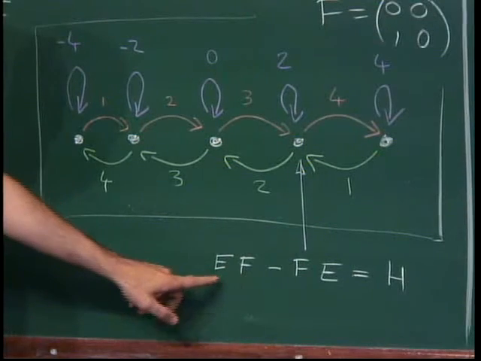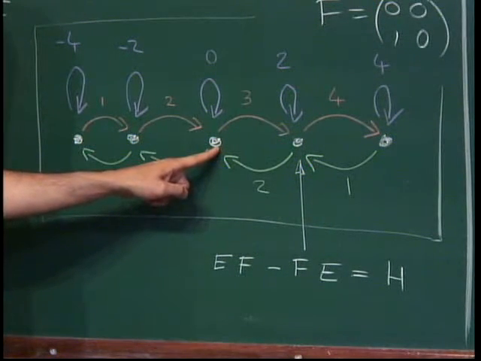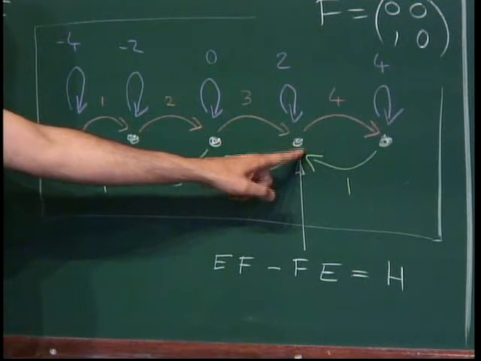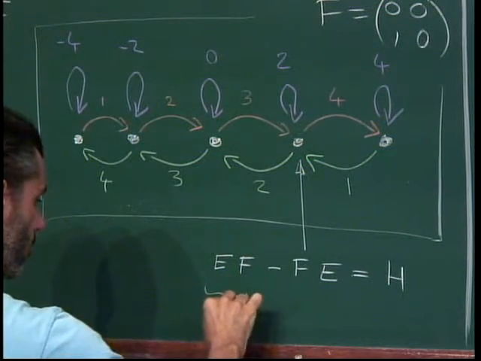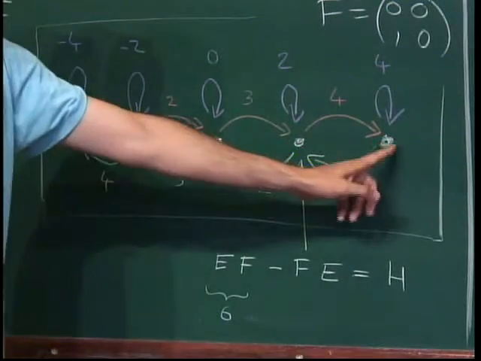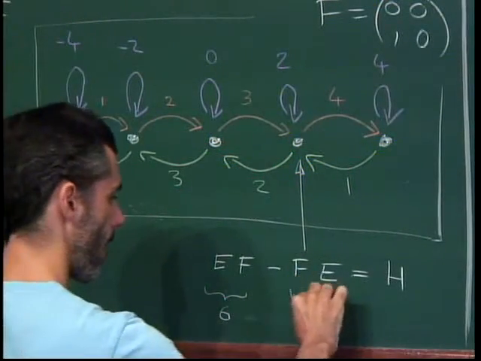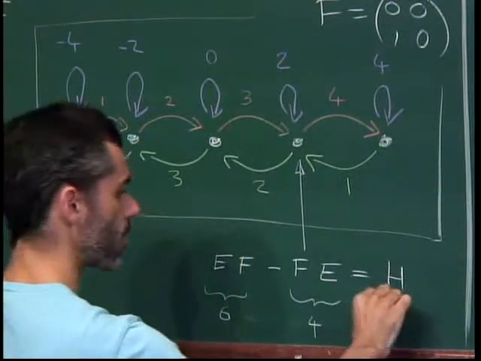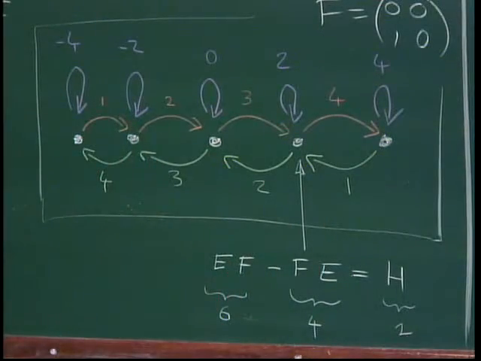First do F, then do E. So I start here, do F, I land in twice this vector, then do E, I land in 6 times that vector. So that's 6. FE: I first do E, I land in 4 times this vector, come back, that's 4. And H, well, that's the number in purple, which is 2. And sure enough, 6 minus 4 is equal to 2.